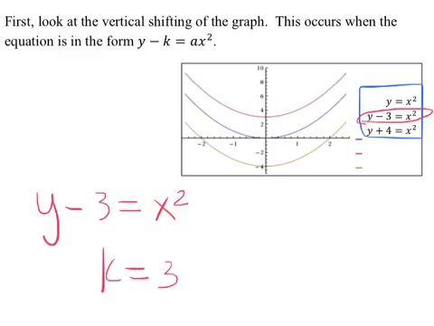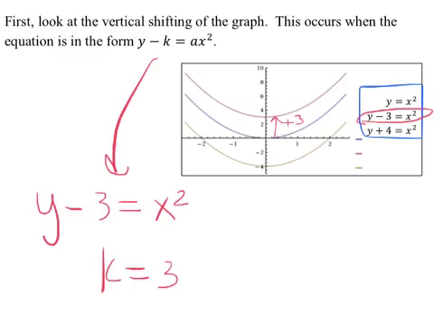Is this clear by looking at the standard form, y minus k, and then you have y minus 3? The k gets its place taken by the number 3, so k is just 3. So when k was 3, the graph shifted from the origin up how far? 3 units.